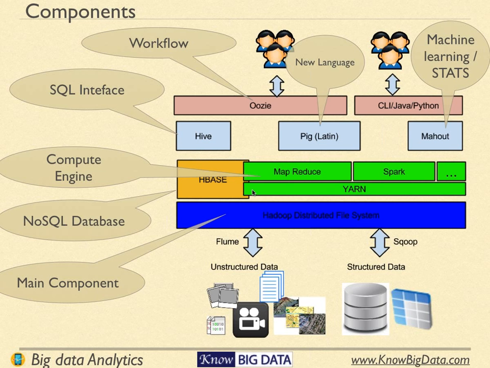Now, on top of Hadoop distributed file system is the computing engine, meaning a framework which can run many programs in parallel, which is called Yarn. Yarn runs on top of the file system because Yarn stores all of the information about the program it's running in HDFS, as well as whatever work it does, if it has to access the files, it accesses from Hadoop distributed file system.